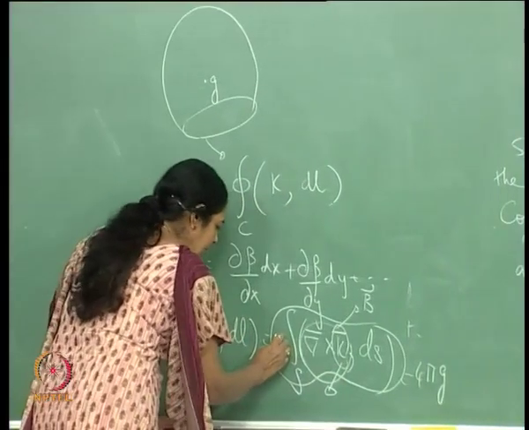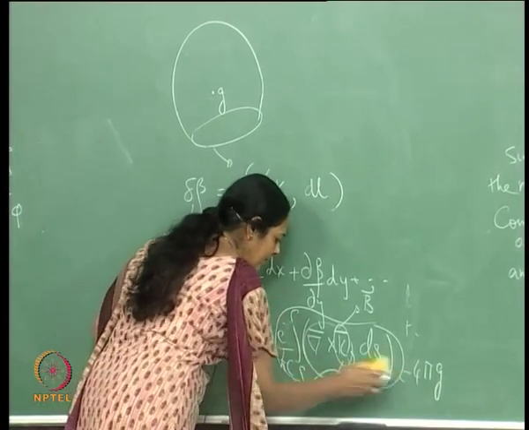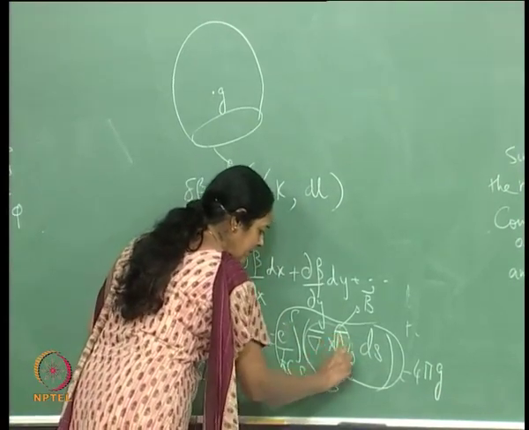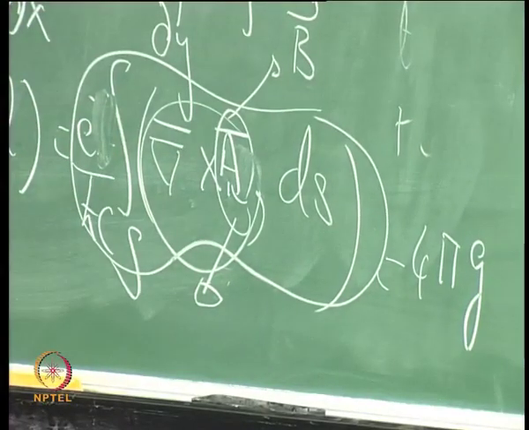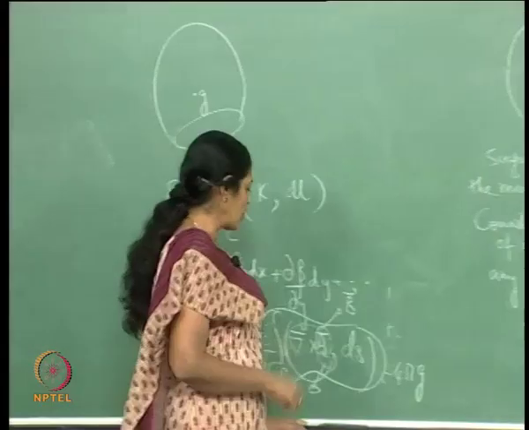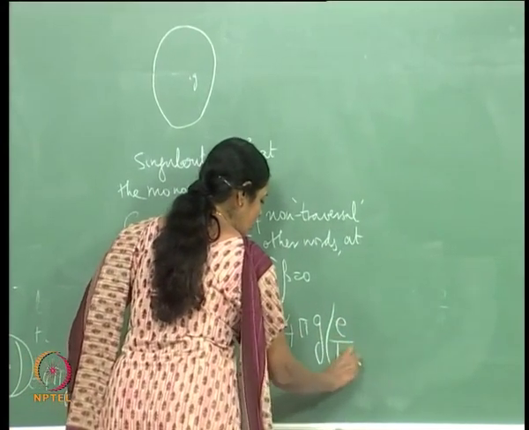Instead of k, I write it as eA by h cross c, and this is in fact the magnetic field. So I have a constant e by h cross c to reckon with, so it is 4 pi g e by h cross c.